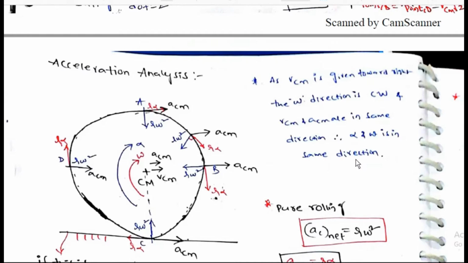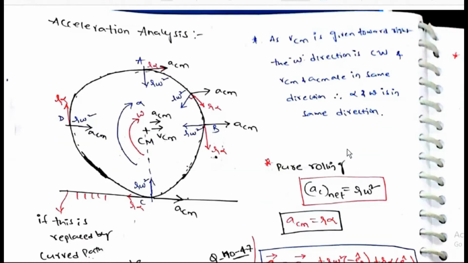Acceleration analysis. As VCM is given towards right, omega is in clockwise direction. VCM and ACM are in the same direction, alpha and omega are in the same direction. Pure rolling: AC net is equal to R omega squared, that means centripetal.